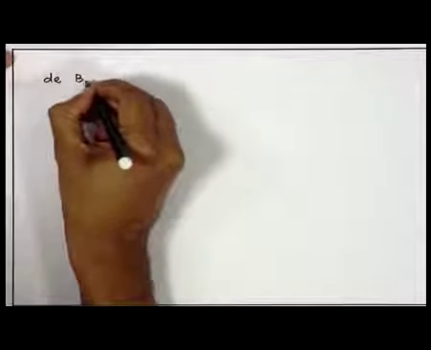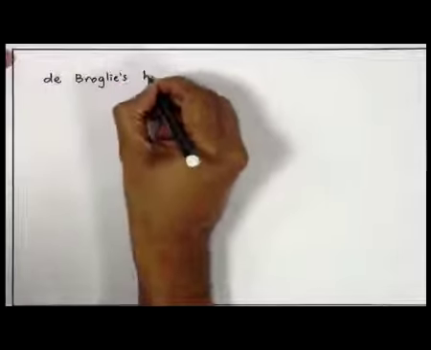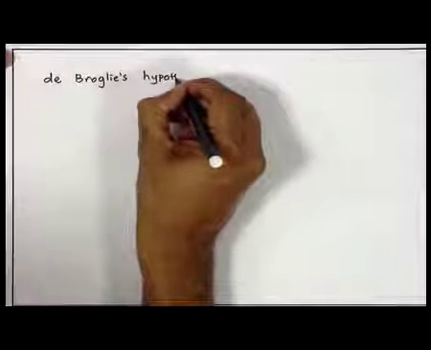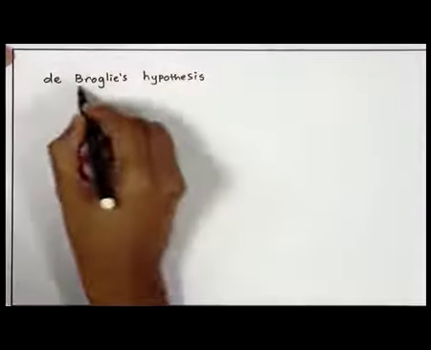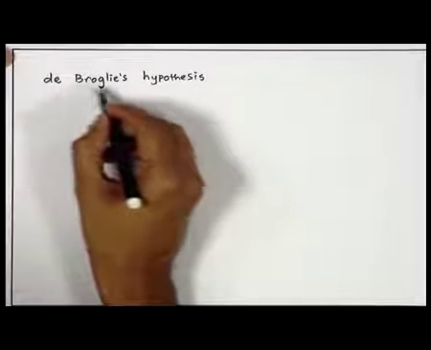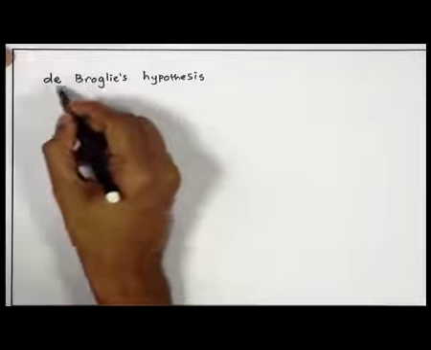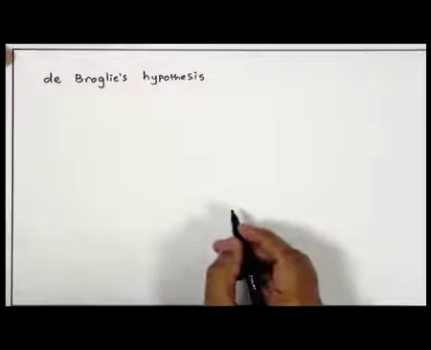The first one that we discuss is what is known as de Broglie's hypothesis. De Broglie is written as Broglie, but he is a French scientist whose name is pronounced as de Broglie, and this d letter is written in small case.